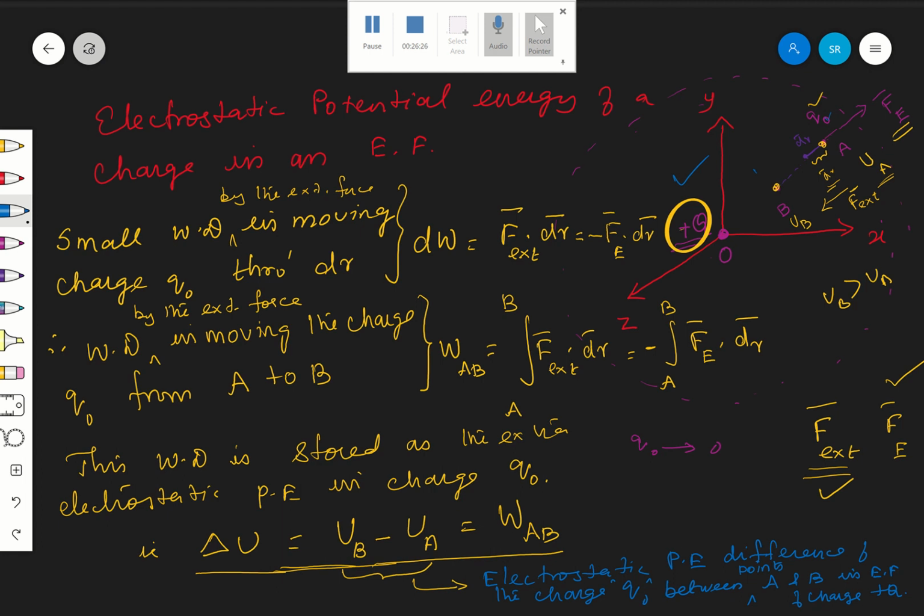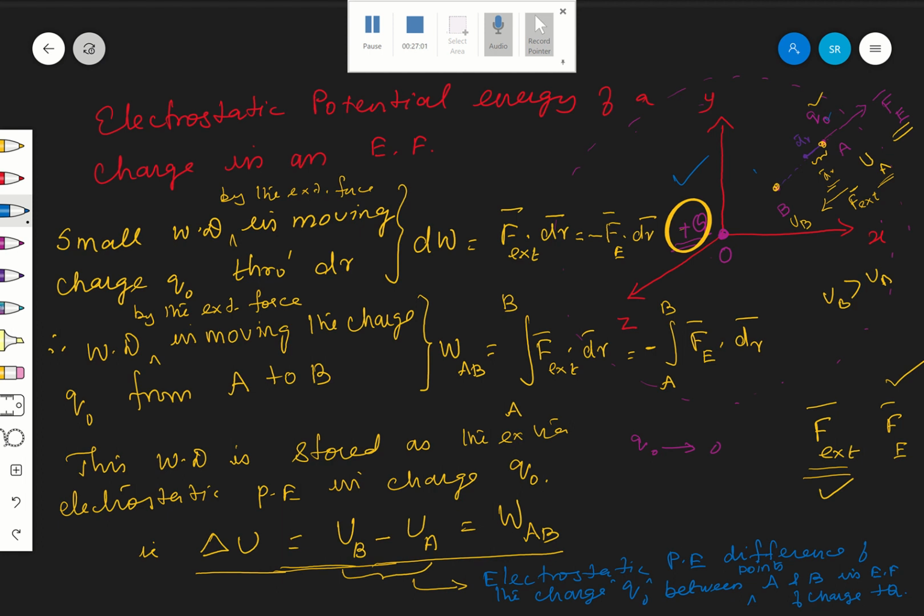Once again, I repeat. The electrostatic potential energy difference of a test charge between any 2 points in an electric field is defined as the work done in moving that charge from one point to another without acceleration.